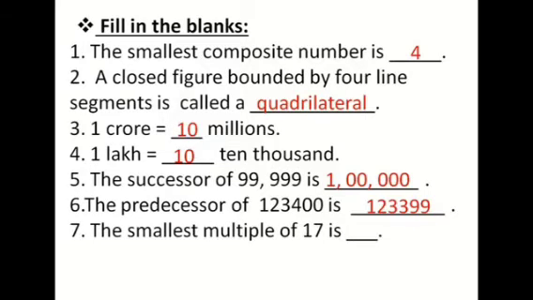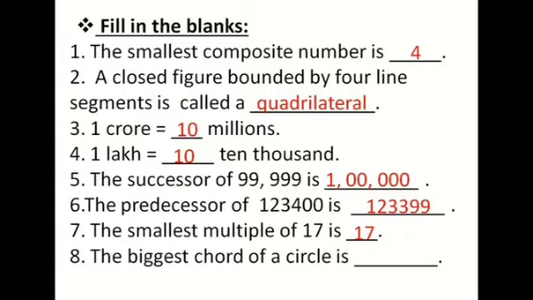Question number 7. The smallest multiple of 17 is. If you find out the multiples of 17, the smallest one, 17 ones are 17. Next, question number 8. The biggest chord of a circle is. What is that? I know you all can answer. It is diameter.